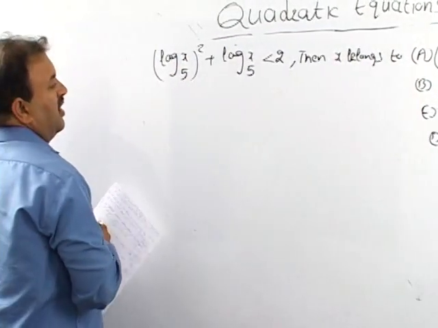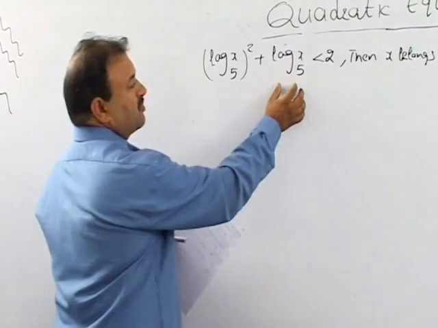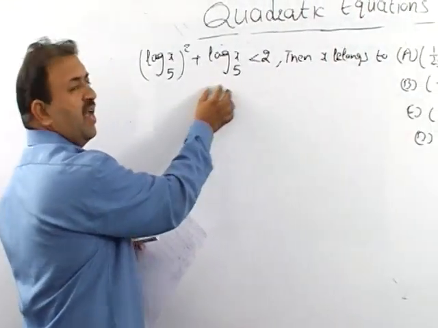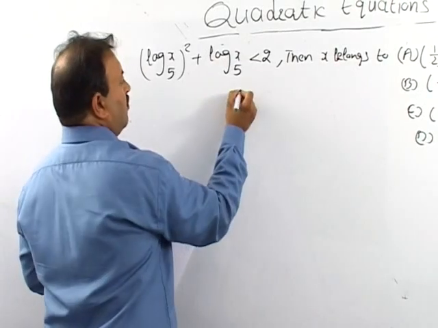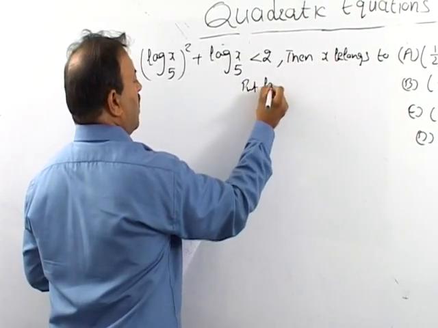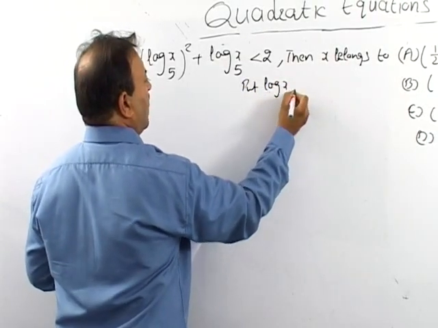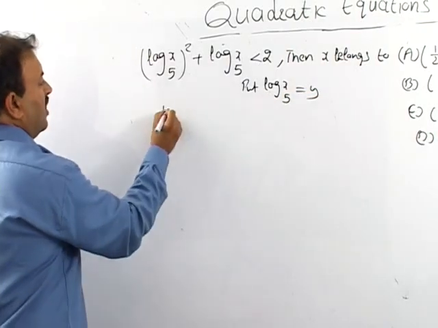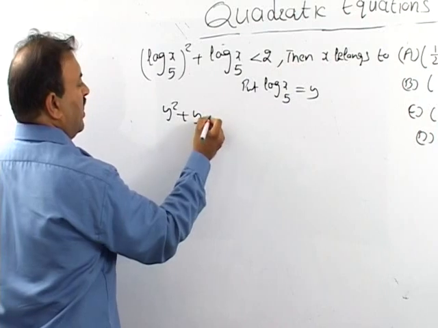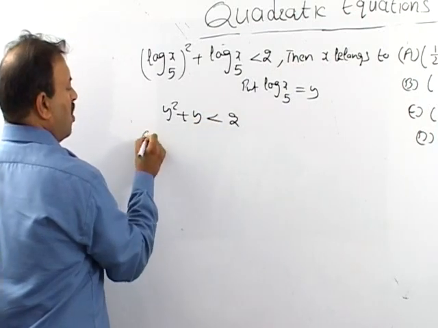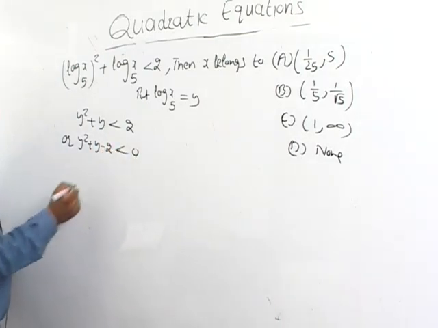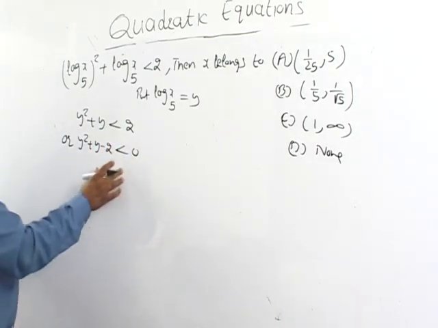Now clearly we can say if we substitute log x base 5 equal to y, we get a quadratic. We get y square plus y less than 2, or y square plus y minus 2 less than 0. This becomes our inequality.